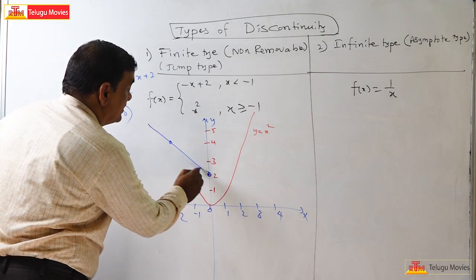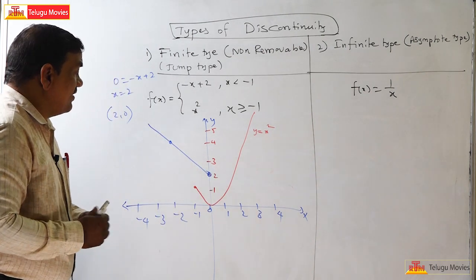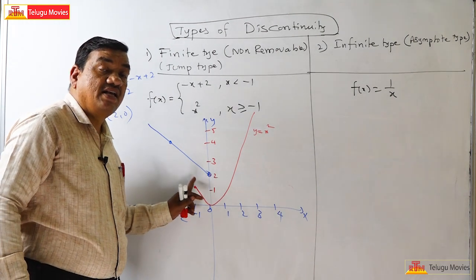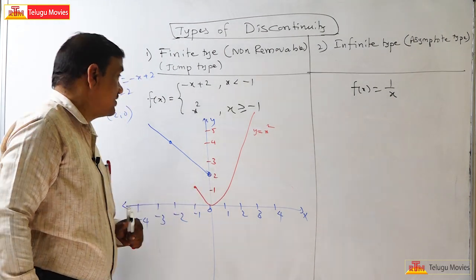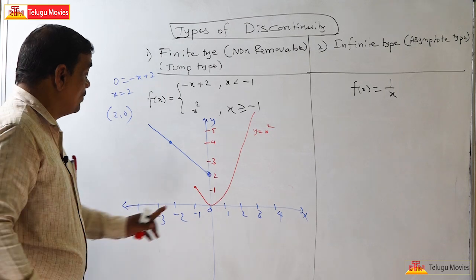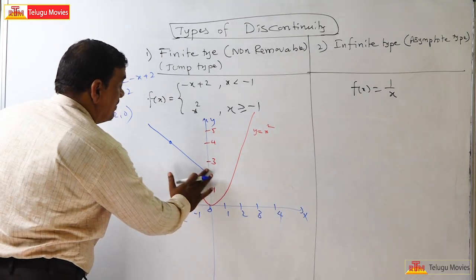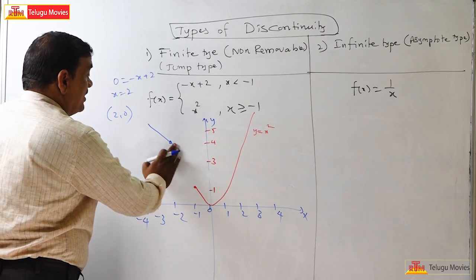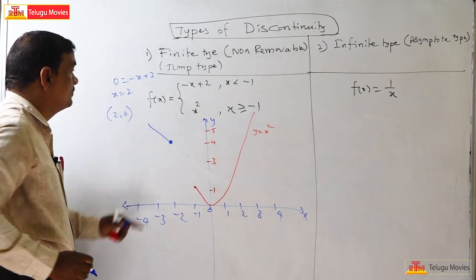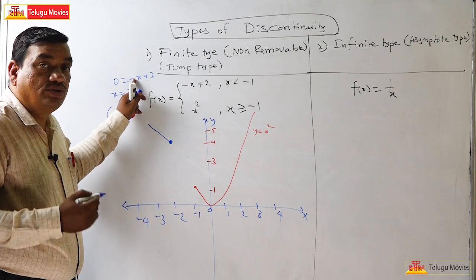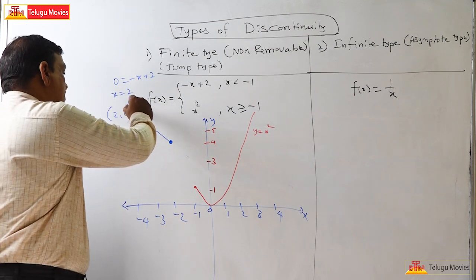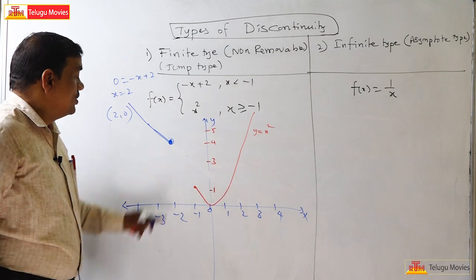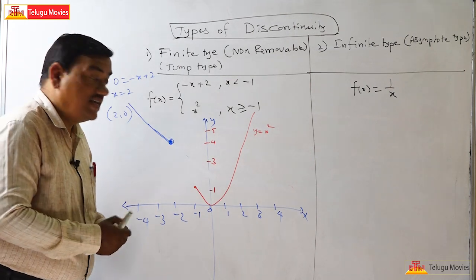If you draw it like this, the graph will be a straight line. You should not take minus 1, so take minus 2. Definitely there is clearly a gap between these two functions.